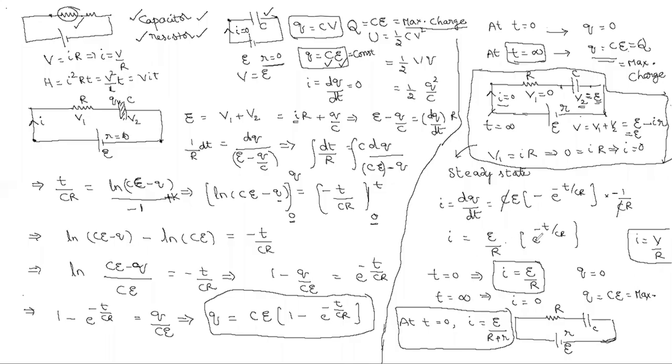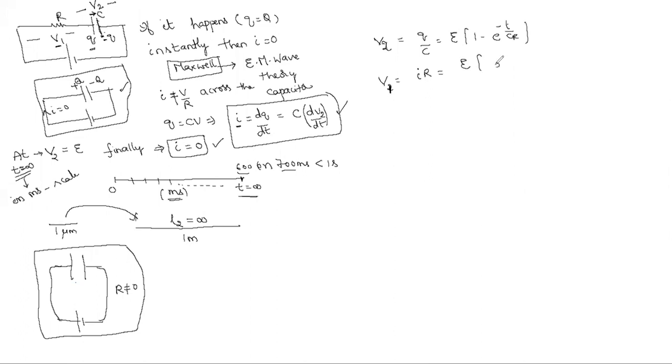What is the equation of I here? I into R, cross multiplication, that is E into e power minus t by CR. Am I right? Yes, sir.